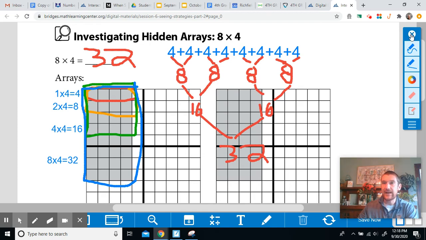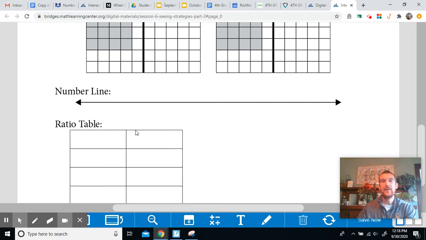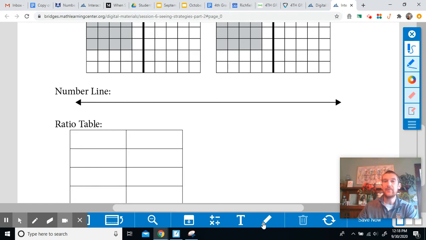Let's take a look at how that would look on a number line, okay? So instead of counting by 4 8 times and doing 8 separate jumps, let's see how that would look starting at 0. Okay, this will be 0. Let's add 1 four.